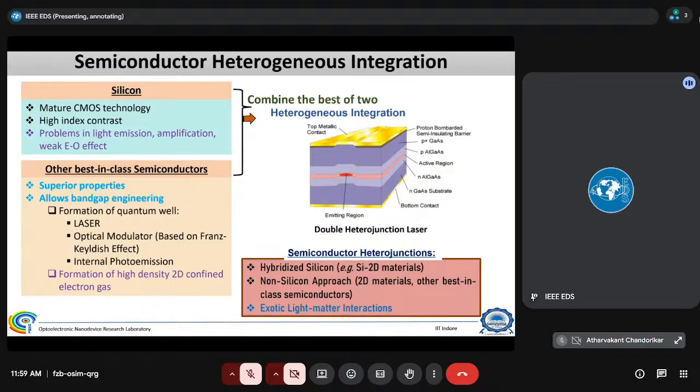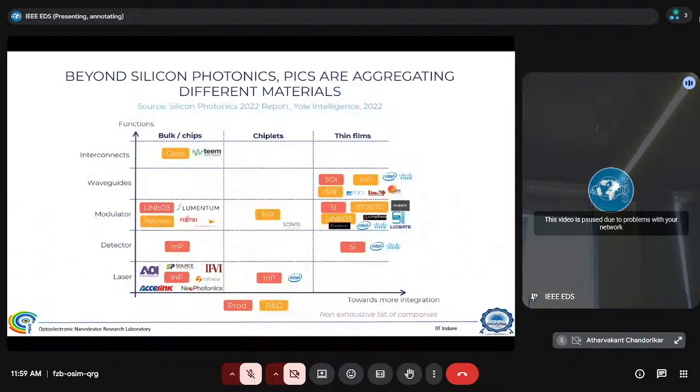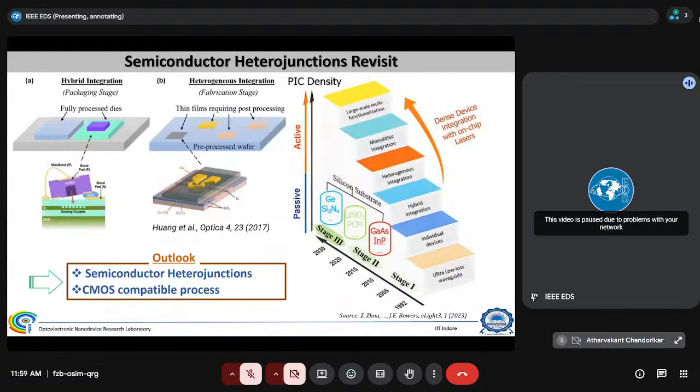So it may be silicon or 2D material, it may be a non-silicon approach, so that you have exotic light matter interactions. There are a number of industrial players already who are taking different materials like glass, lithium niobate, polymer, and other semiconductors to make devices, circuits, and systems for various applications. So one category in that heterogeneous integration is hybrid integration, where you have already fabricated dies or ICs and you hybrid integrate them on a common platform.